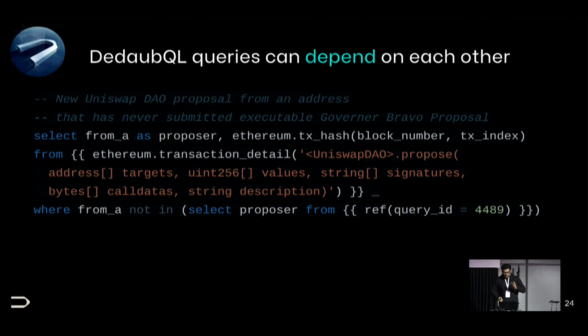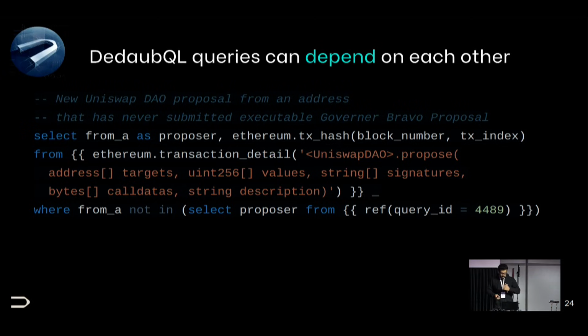So in this case, let's say I want a query which finds me new Uniswap proposers, so Uniswap DAO proposals, but I only want to be alerted if that proposer has never issued a proposal on any other DAO that follows the same API.